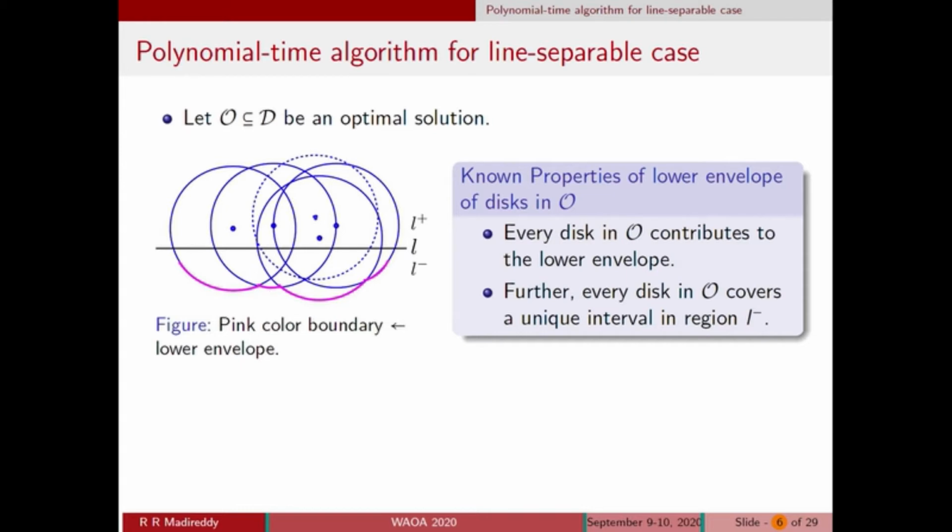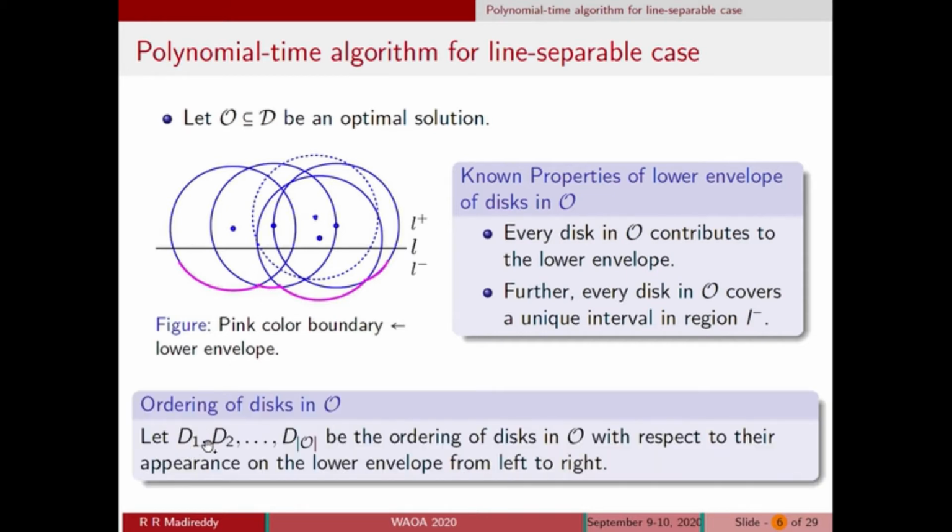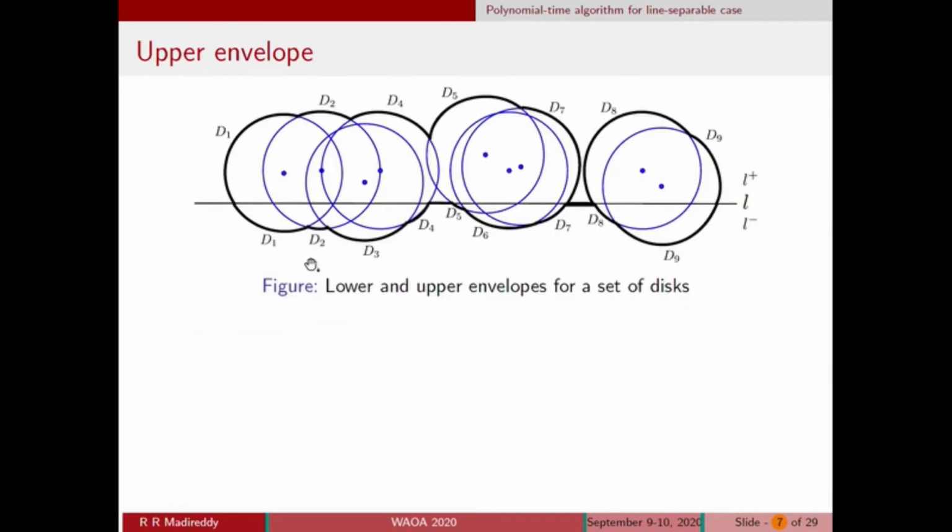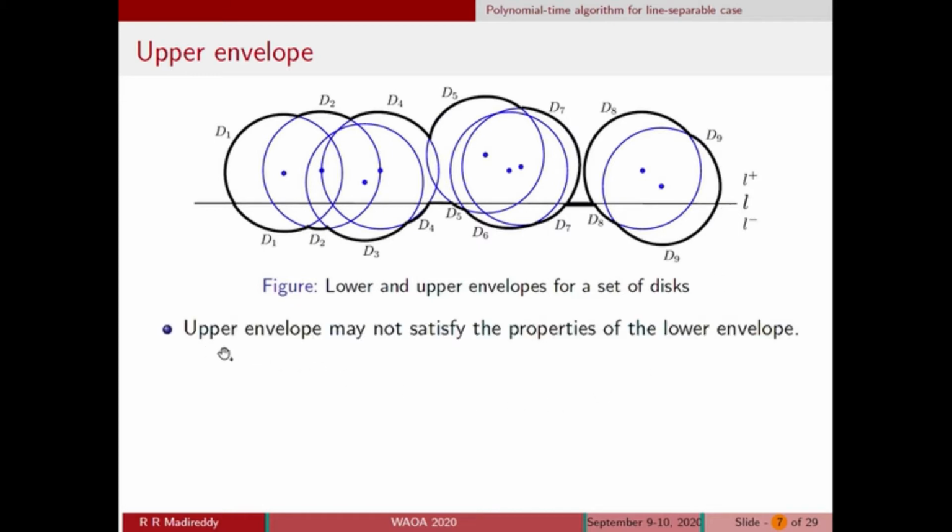Let D1, D2, up to D mod O be the ordering of disks in O with respect to their appearance on the lower envelope from left to right. We also define the upper envelope of the disks. This is the upper envelope of the disks, given in black color. However, the upper envelope may not satisfy the properties of the lower envelope.